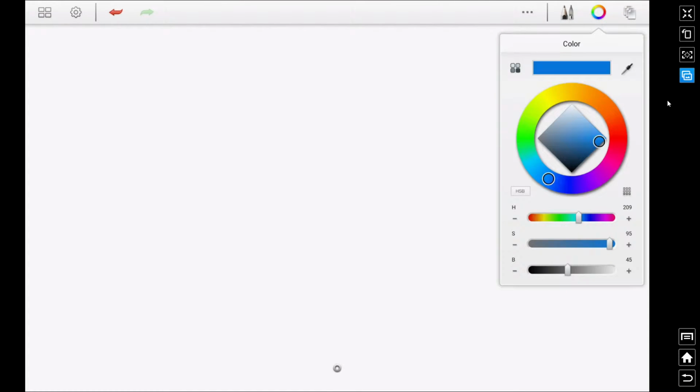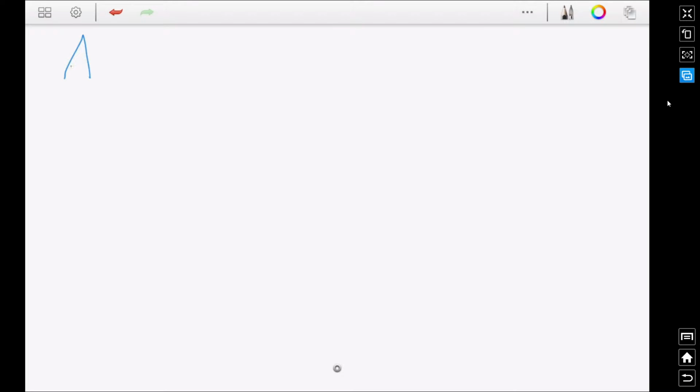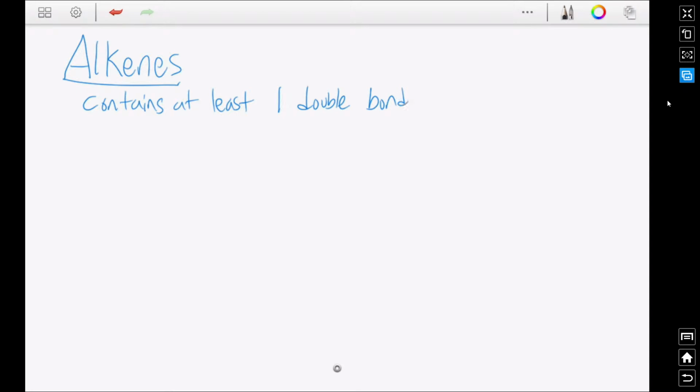Alright, so let's start with, what are alkenes? Alkenes are any hydrocarbon which contains at least 1 double bond between carbons.